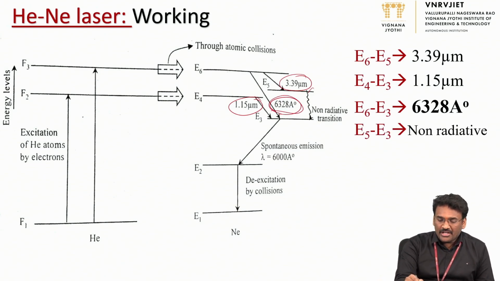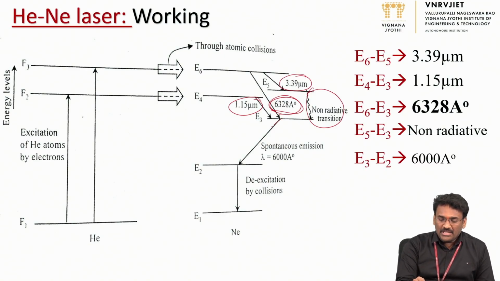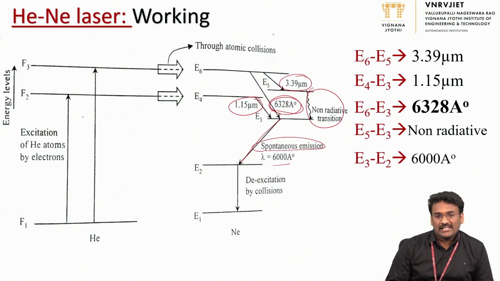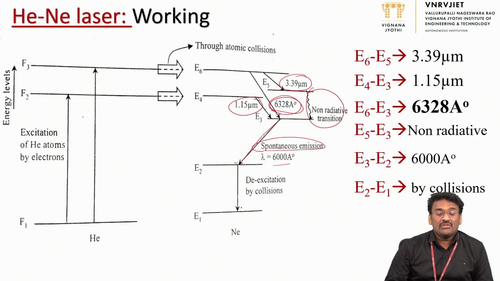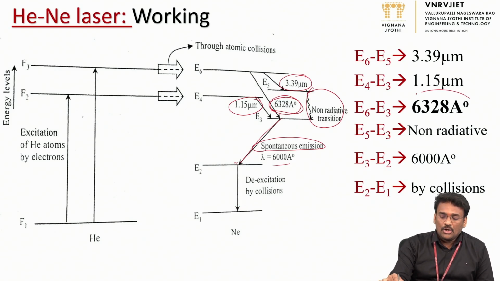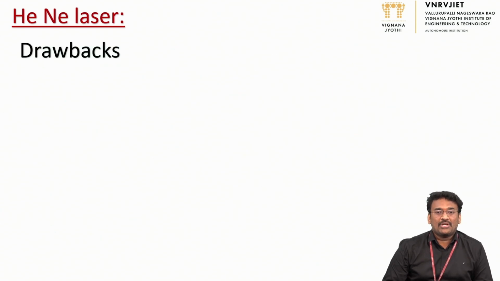Here E5 to E3 is a non-radiative transition, and they come from E3 to E2 with 6000 angstroms, but it is a spontaneous emission, not useful for the laser. Again they come from E2 to E1 by collision with the walls of the discharge tube. Out of all these, only 6328 angstroms is in the visible region, so we use it as the output laser from the helium neon.